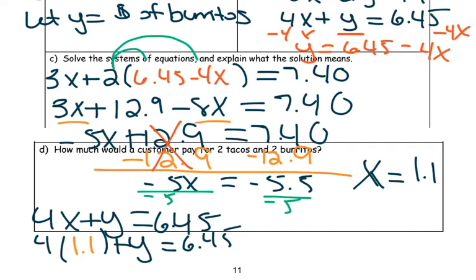And then I would distribute the 4, and I would have 4.4 plus y equals 6.45.